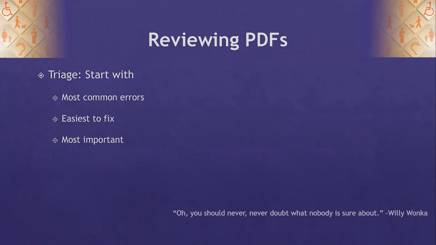So you can either start with the most common errors, which are usually no alt text or headings or maybe some table stuff. You can go with the easiest to fix. And again, that's going to depend on the kind of document you have, what's going to be easiest, or the most important. So what's most important? Probably having alt text.